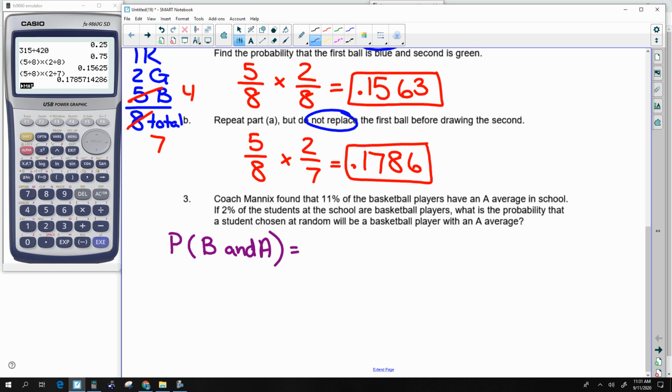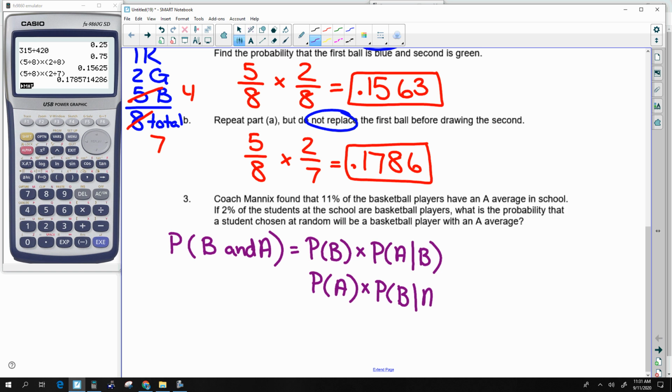You can answer this one of two different ways. That can be the probability of B times the probability of A given B, or the probability of A times the probability of B given A. You're going to answer the question one of these two different ways.